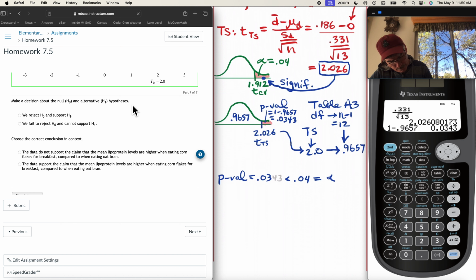Okay, 3% and 4%. 3% is less. Less means reject. Greater than or equal means fail to reject. But this one's less. So that means we reject the null hypothesis, and we'll support H1.